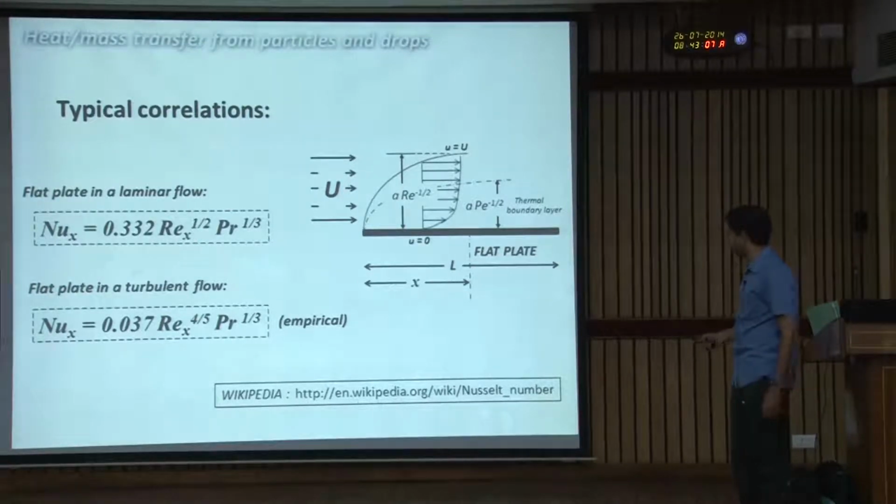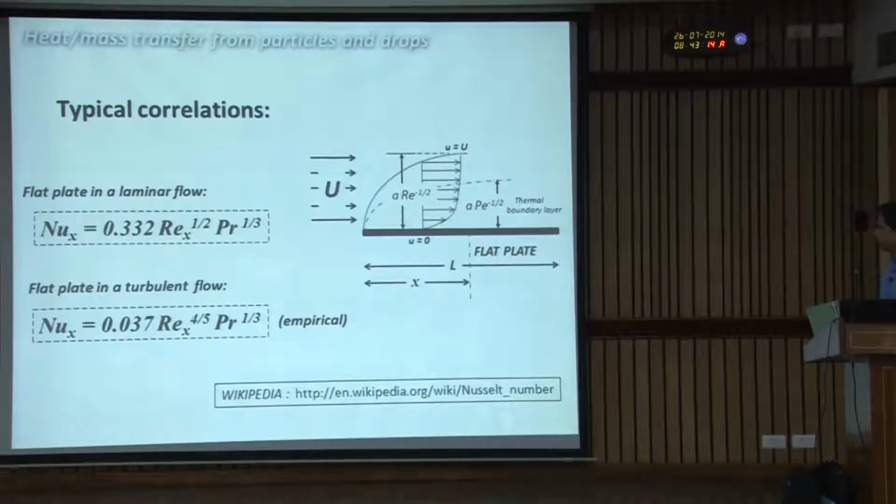This is an empirical correlation similar to this, but in the turbulent regime. Okay. So you can see in general Nusselt might start off at 1, but it typically grows like a power of Reynolds and Prandtl, or a power of Reynolds and Peclet when the Peclet becomes very large. Okay, so the heat transfer becomes increasingly efficient as the flow becomes stronger.